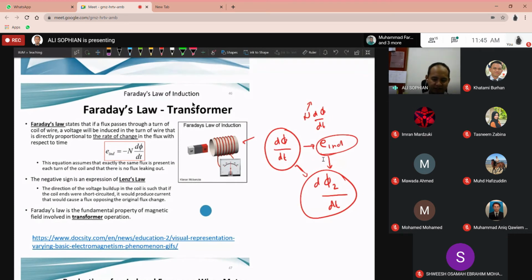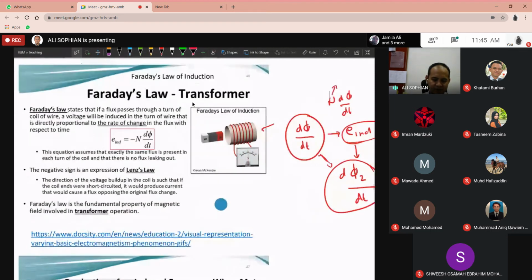Unfortunately, on this OneNote, I cannot run the animation. But basically you have to keep moving the magnet bar closer, then move it further away and closer again to the coil.